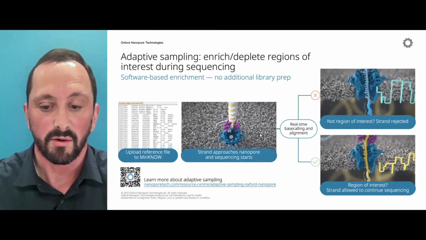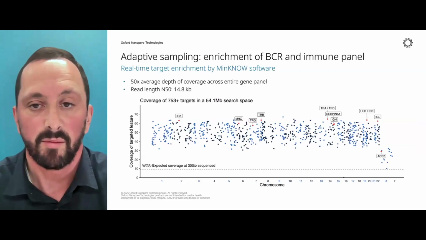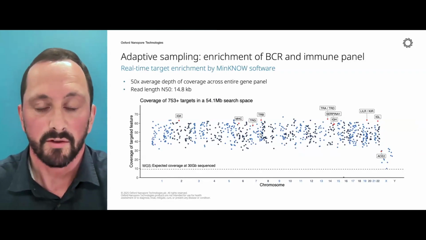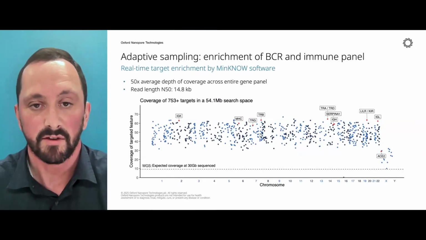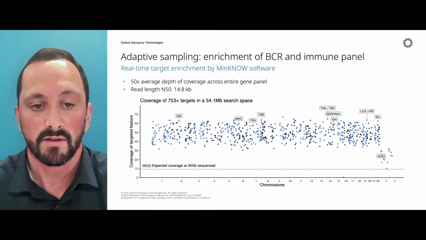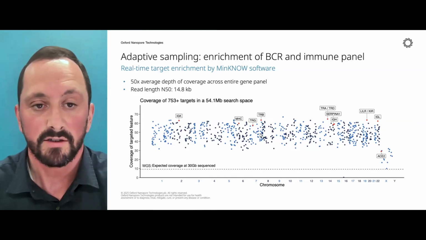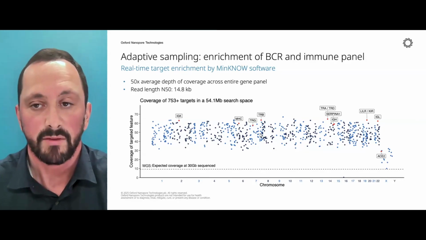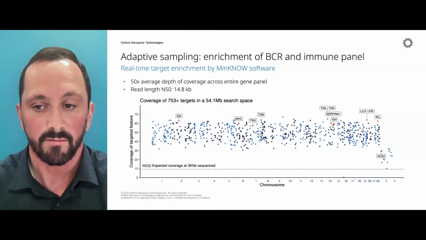So this is no additional library prep, but you can enrich for regions of interest in the genome. So for example, we did this with a panel of immune-related genes, and specifically the BCR immunoglobulin loci. So you can see IgK, IgH, and IgL, the heavy and light chain loci, are all in here. And then we also had 750 additional targets related to immunology and immune genes.